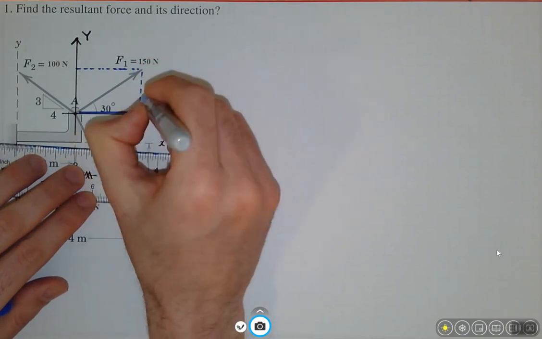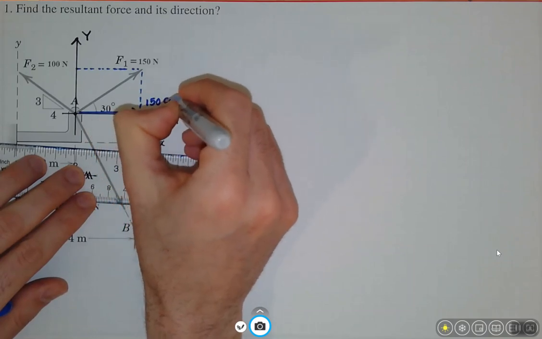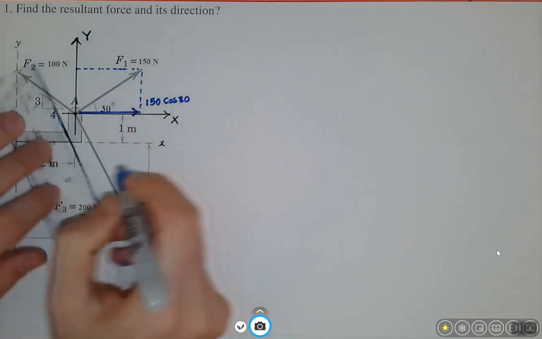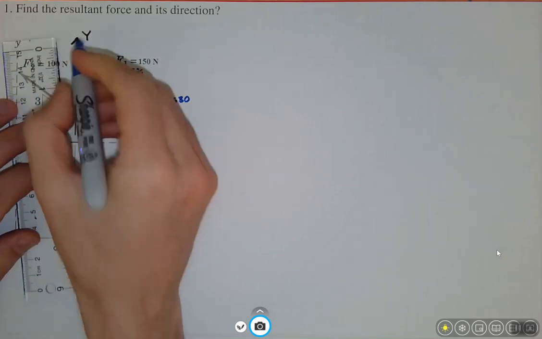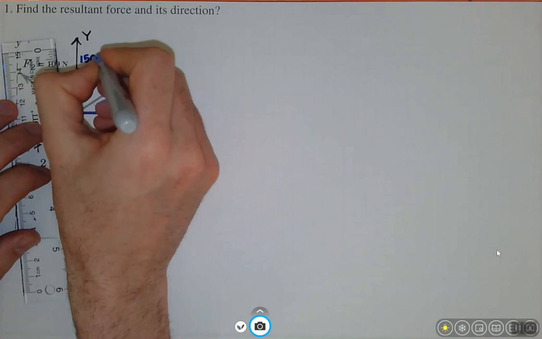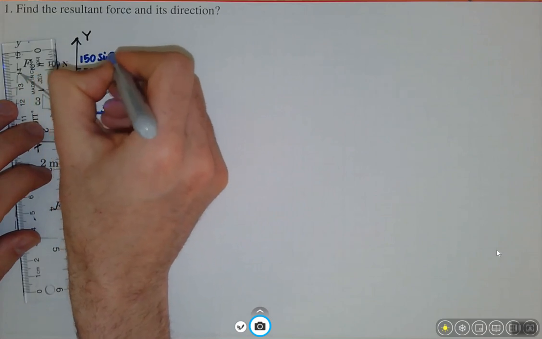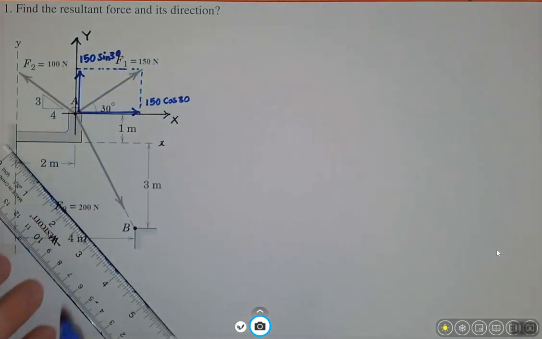This will be 150 cosine 30, and this one will be 150 sine 30. So this one is easy.